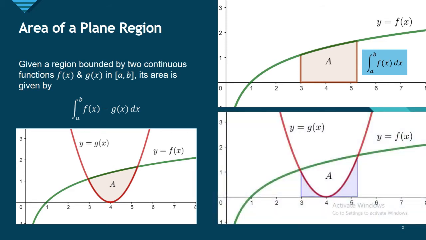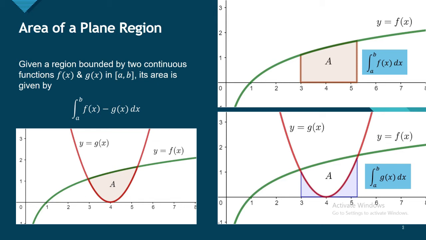Then, we will get the area of the region that is bounded above by g of x, the red curve. And that light blue shaded region is the area which is represented by the integral of g of x dx from a to b.